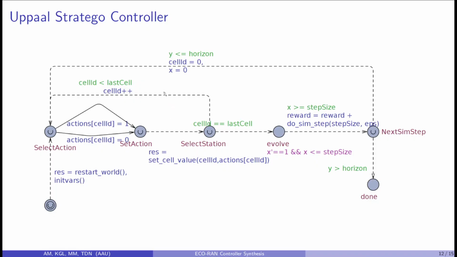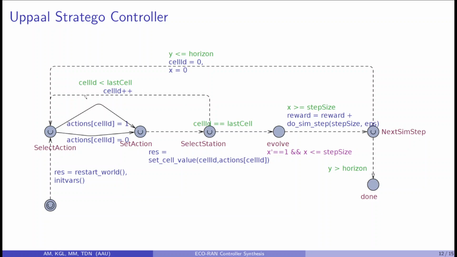This is how a UPAL model looks. We have here these solid edges. These edges constitute the controllable actions. So this is what we can control, and the dashed edges are the environment. We see here that the controller can set on or off the cells.